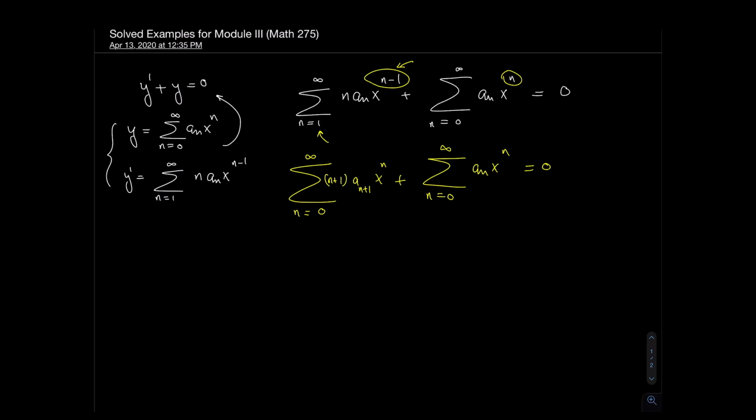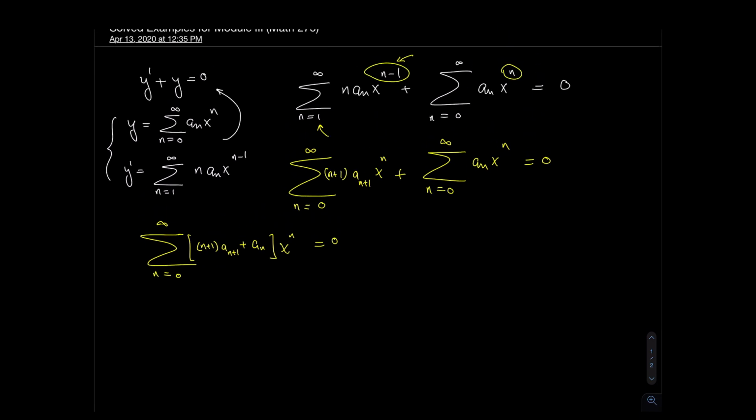So I can combine these two power series, in other words, add them. I write this as the summation of n equals 0 to infinity of, factoring out an x to the n, my coefficient n plus 1 times a_(n+1), plus a_n from the second one. That becomes my coefficient, and that's equal to 0.